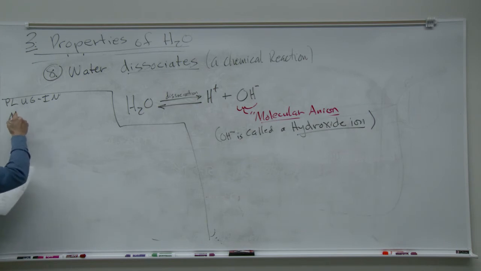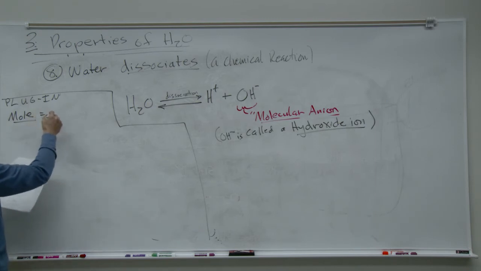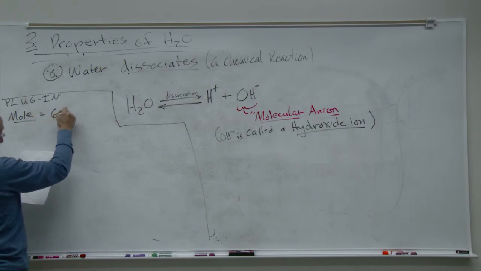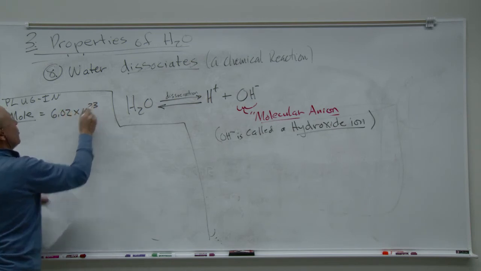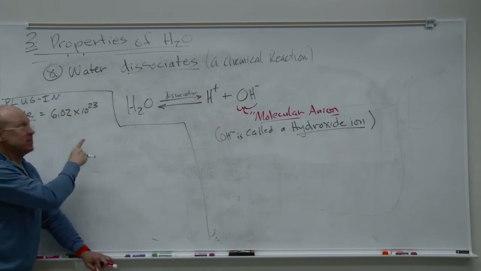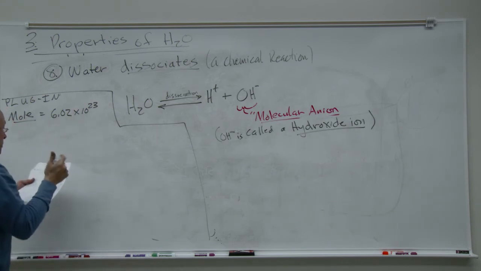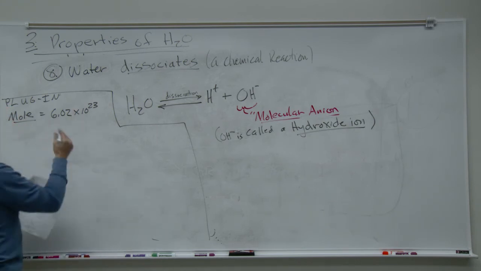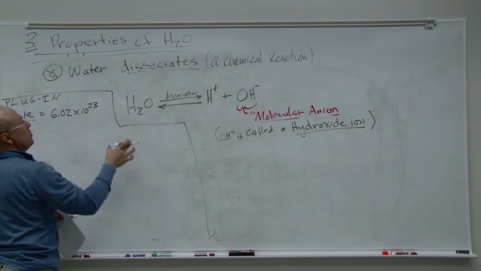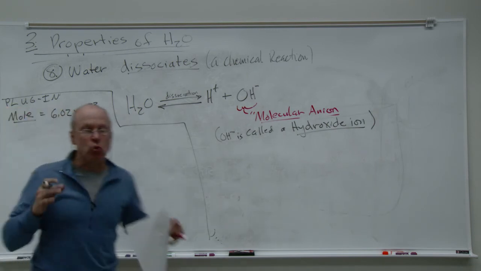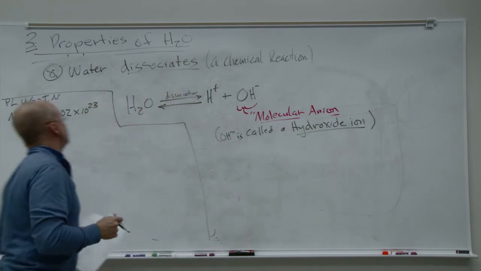So a mole of substance is equal to 6.02 times 10 to the 23rd. That's a massive number. 6.02 times 10 to the 23rd particles. So a mole of water would be 6.02 times 10 to the 23rd molecules of water.